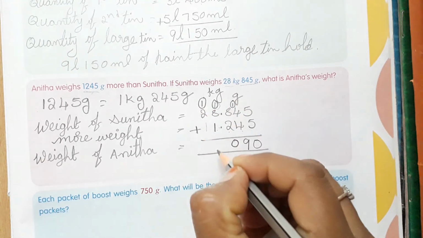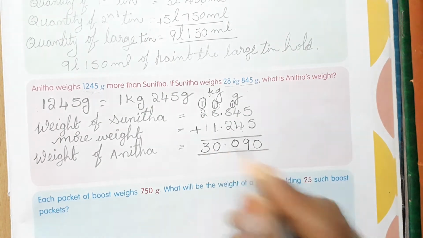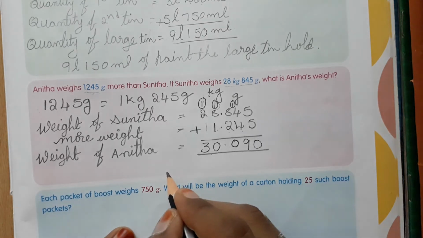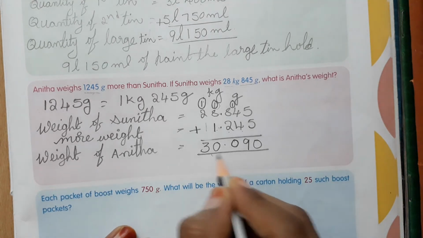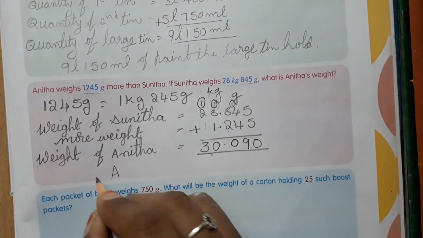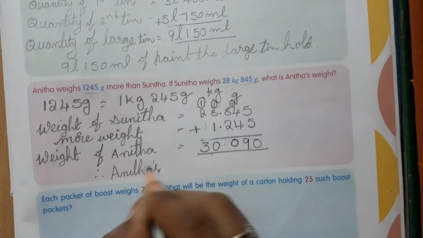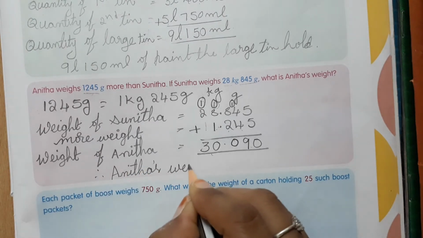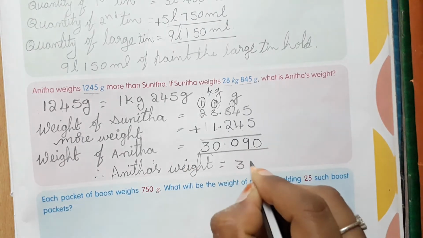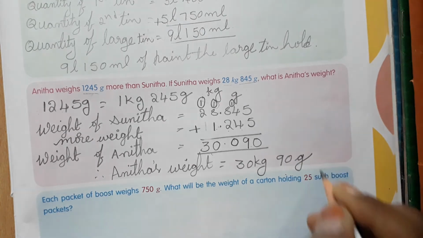Again 1 carry forward, 0. 2 plus 1, 3. So 30 kgs 90 grams. What is the weight of Anita? 30 kgs 90 grams. So write, therefore, Anita's weight is equal to 30 kg 90 grams.